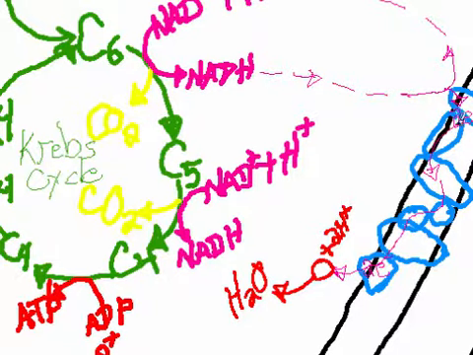When these big blue guys, the 3 of them, pass the electrons, they steal energy to pump a hydrogen ion into this space that's between the inner and outer membranes.